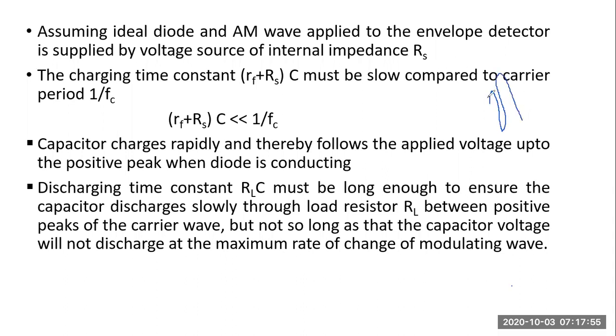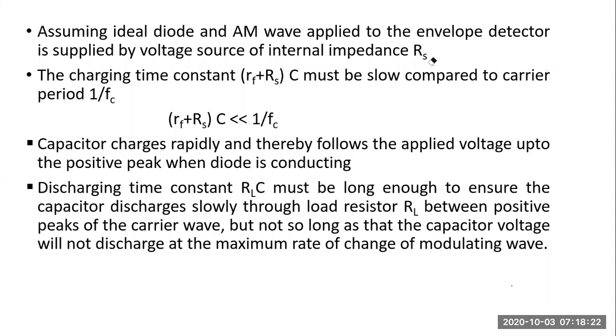I don't want the capacitor to follow this. We don't want the capacitor to discharge fully and then charge again to the next peak. It won't trace the envelope of the message. Remember, the envelope of the message is in the peaks of the carrier. It should not track the complete carrier, but only the peaks of the carrier.